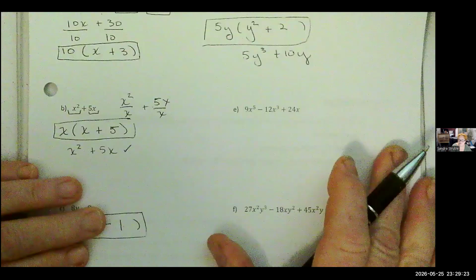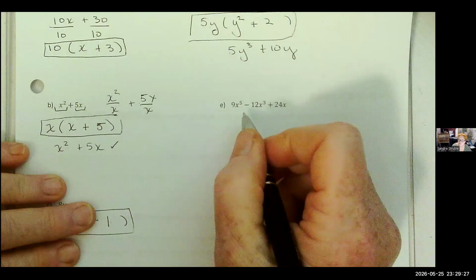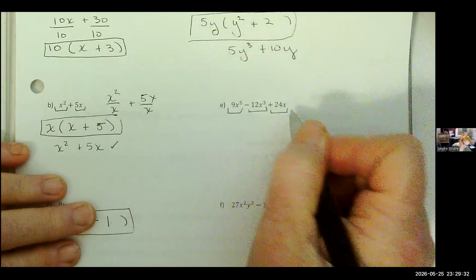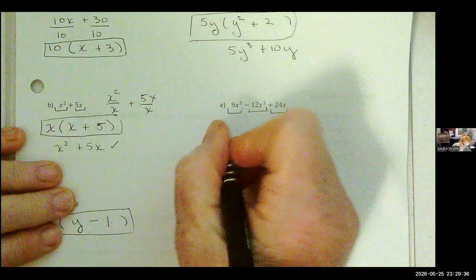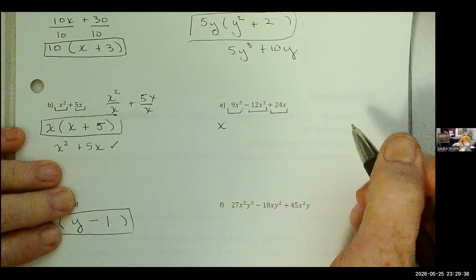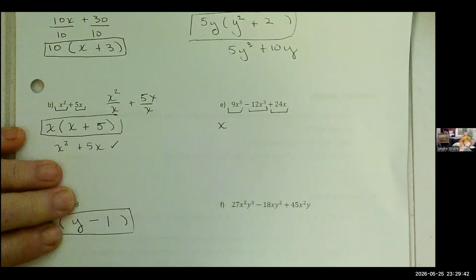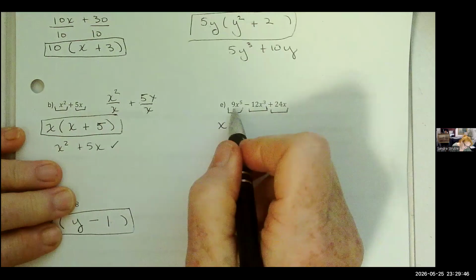All right. Now we have three terms. What do they have in common? Well, I see they have an x, but we need a number as well, probably. Let's see. 9. Well, 9 doesn't go into 12, so it can't be 9. How about 3? 3 goes into 9, 3 goes into 12, 3 goes into 24.